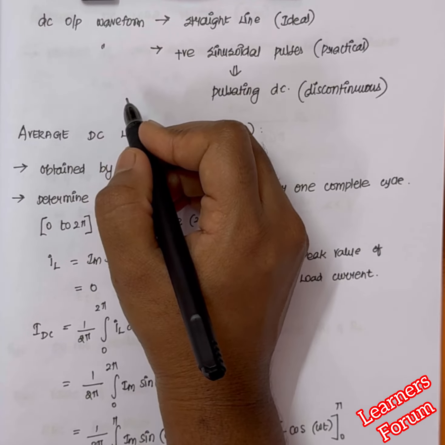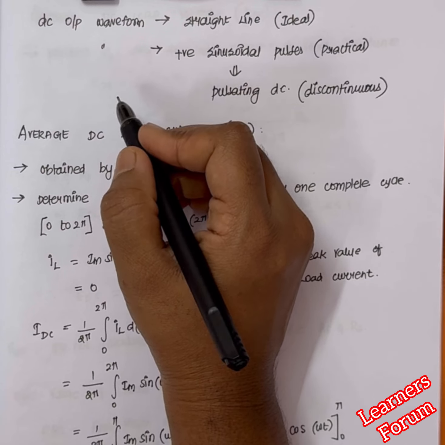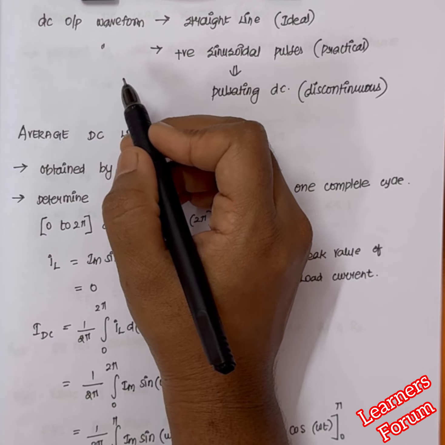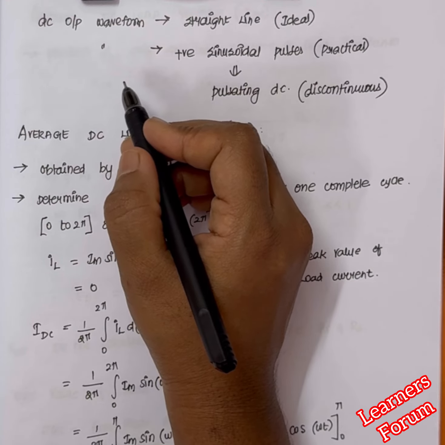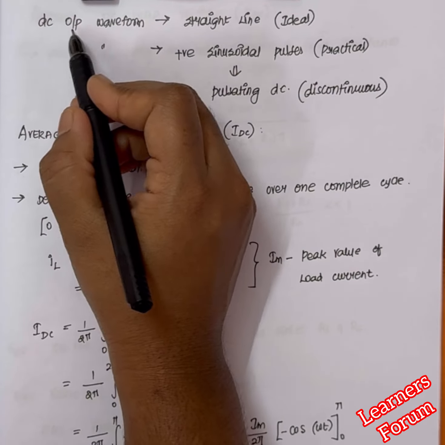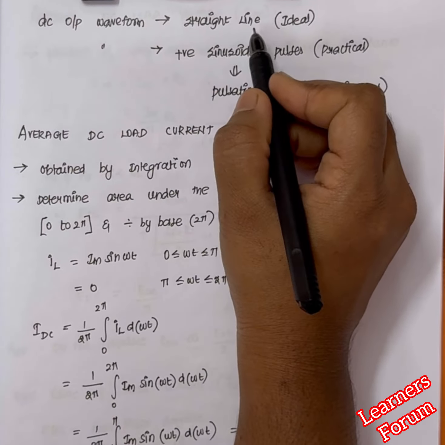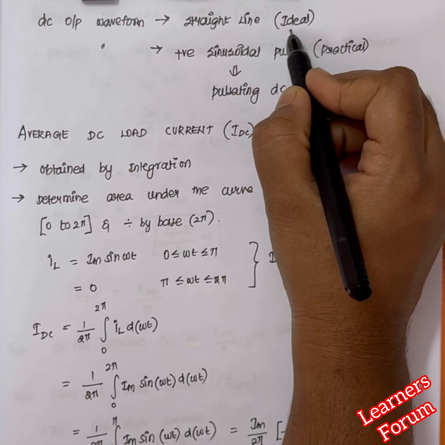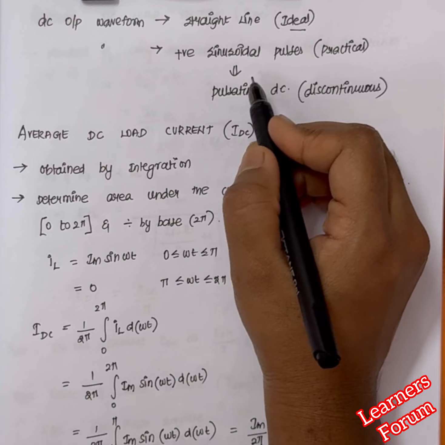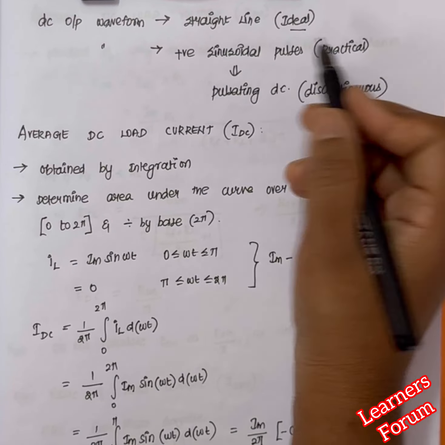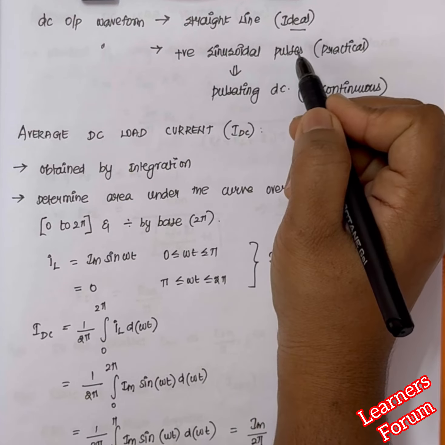Before starting with the complete detail about the rectifier, I said how it is differentiated based on pulsating DC and DC signal. The DC output waveform is nothing but a straight line, which happens only in ideal condition. But the DC output waveform for practical condition will vary, and will have positive sinusoidal pulses.